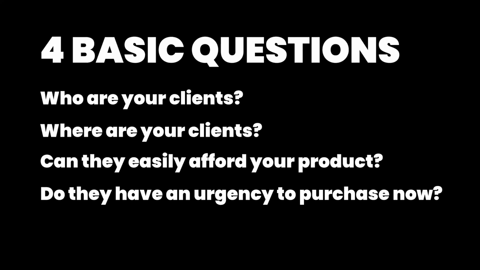Okay, so whenever we are targeting anyone, anywhere, we need to ask ourselves four basic questions. Those four basic questions are: who are they? Where are they? Can they easily afford what I'm selling? And do they have the urgent need to purchase right now?